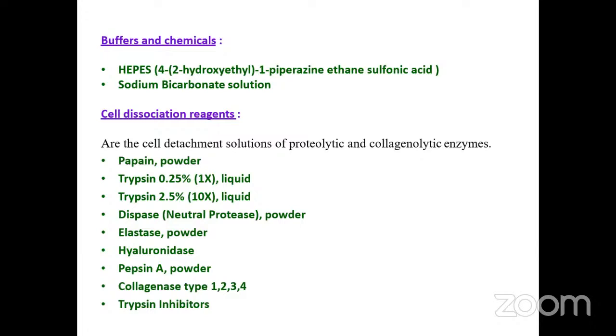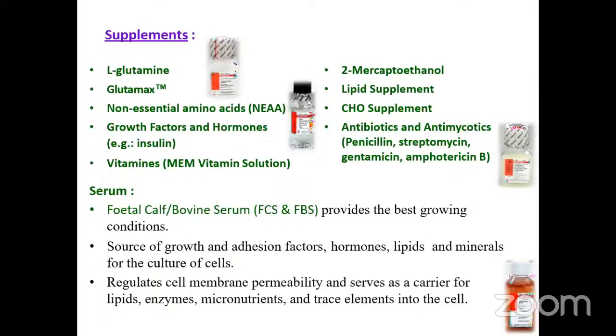So they are proteolytic or collagenolytic enzymes like trypsin. Trypsin we have in 1x and 10x concentration. Then dispase, elastase, hyaluronidase, pepsin, collagenase, trypsin inhibitor. So all these are the cell dissociation reagents.